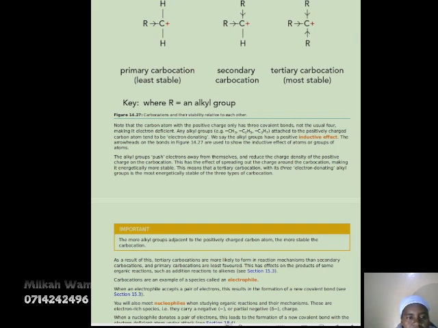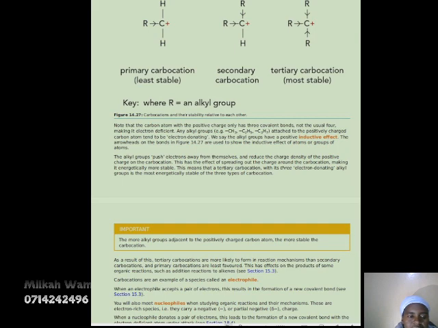That affects the spreading out of charge around the carbocation, making it more energetically stable. So the more electron donating alkyl groups bonded to that carbon, the greater the inductive effect, and therefore the more stable the carbocation is.